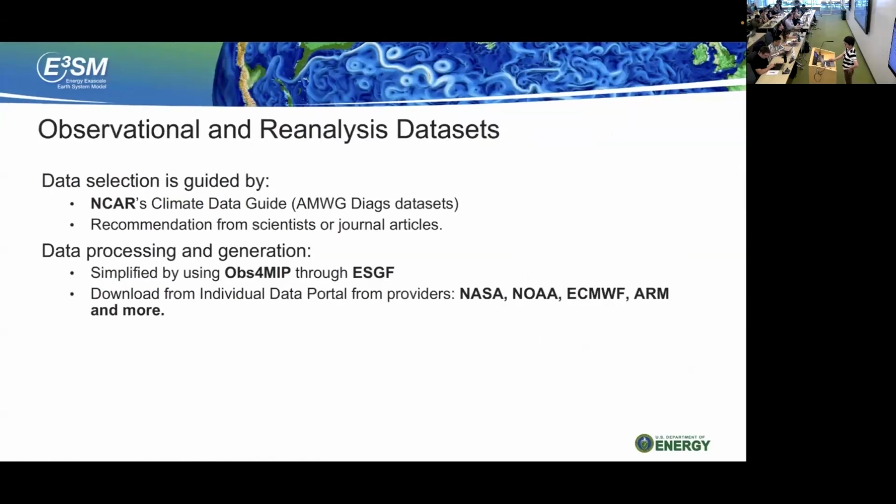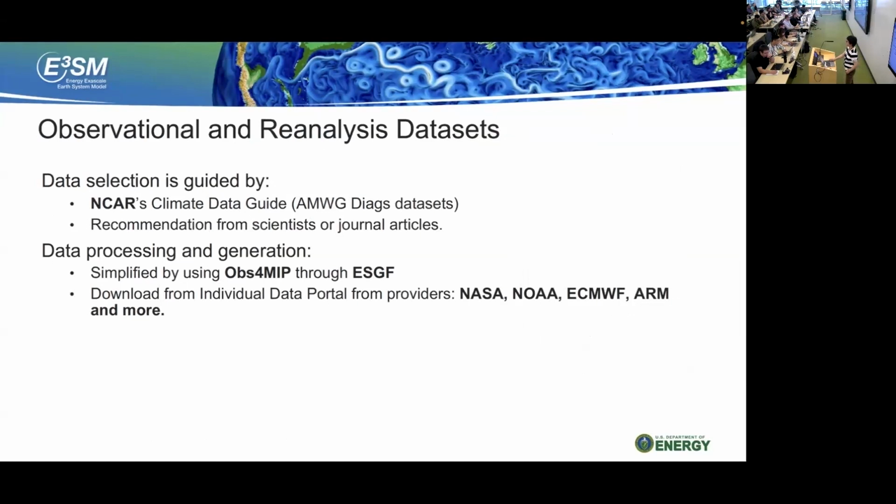And we do have a rich set of observational data sets and reanalysis data sets included. And the data selection is guided mostly by NCAR's climate data guide, and many are recommended from scientists and from journal articles.